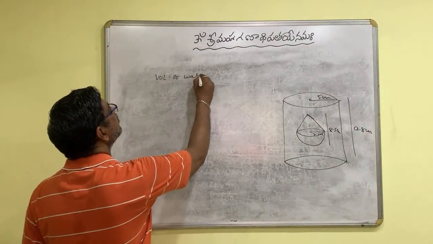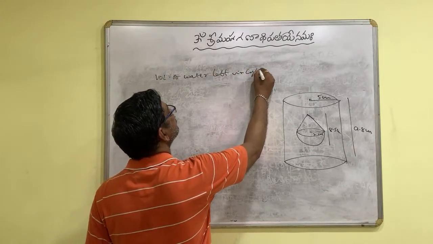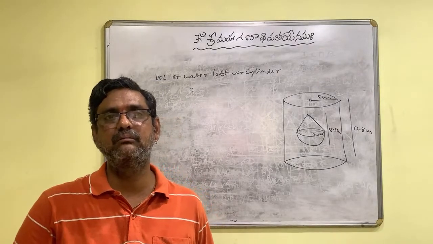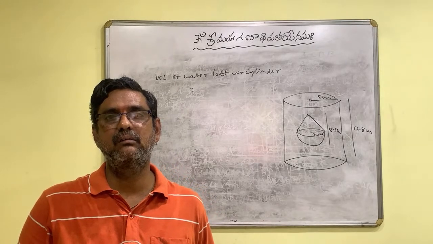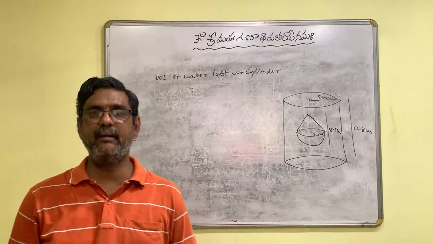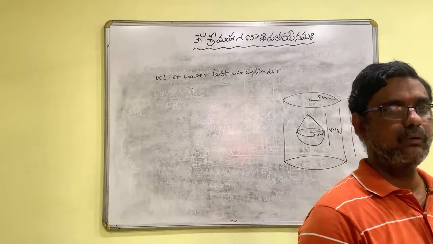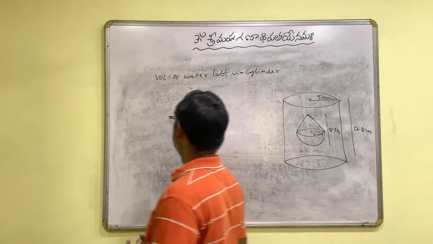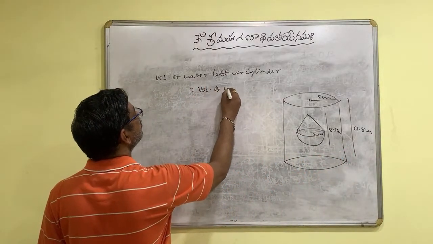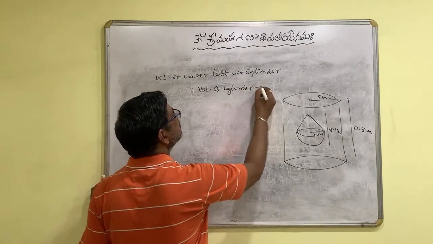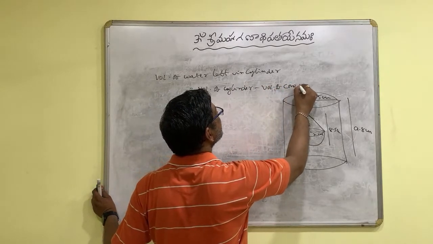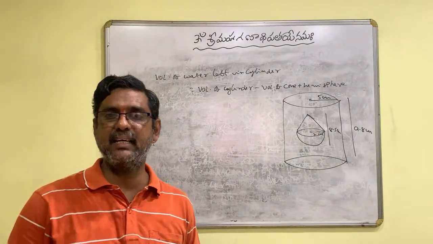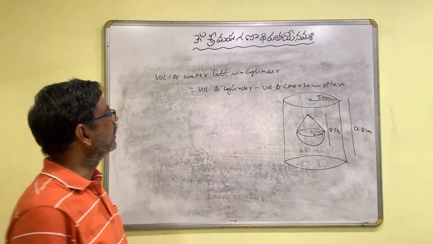Volume of water left in the cylinder is equal to volume of cylinder minus volume of cone plus volume of hemisphere.